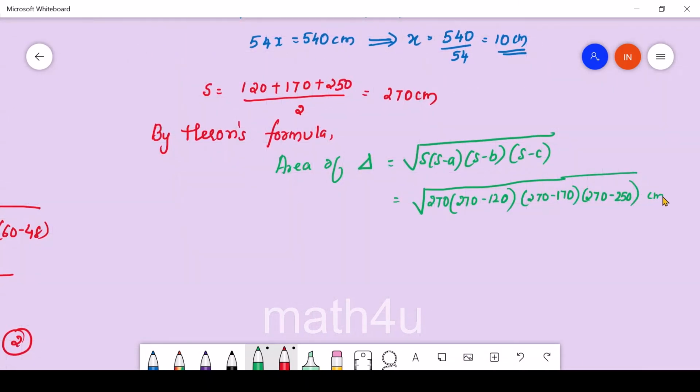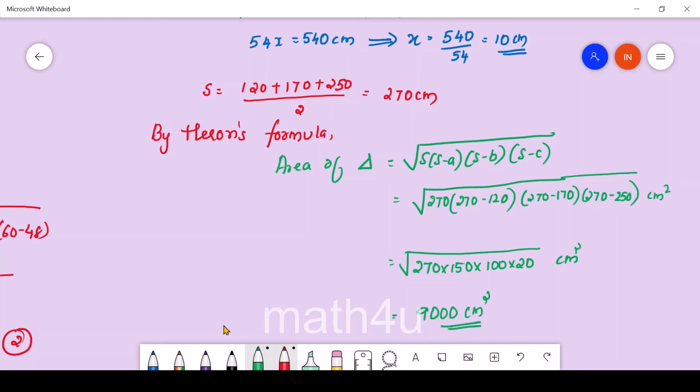Yes. So this will be equal to root of 270 into 150 into 100 into 20 centimeters square. So this will be equal to 9,000 centimeter square.